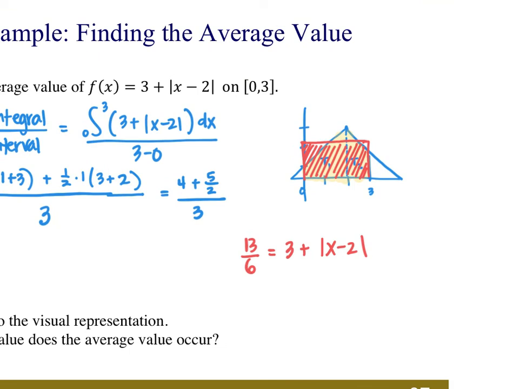You remember how to solve absolute values? When you take away the absolute value sign, it becomes plus or minus. Remember that from algebra? Now we're going to multiply everything by 6. So that'll give me 13 equals 3 times 6, so that'd be 18 plus or minus 6 times x minus 2.